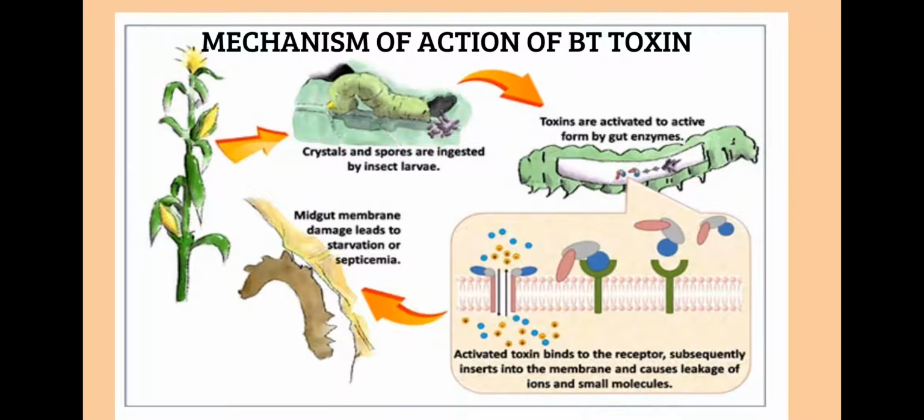This leads to creation of holes or pores in the midgut, and these pores are non selective. So, they are quite permeable and ions and small molecules can pass through them. Now, because of this, the osmotic lysis of the membrane occurs, which leads to septicemia and eventual starvation and death of the insect.